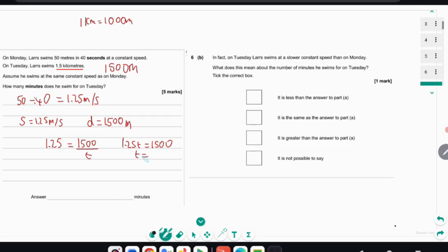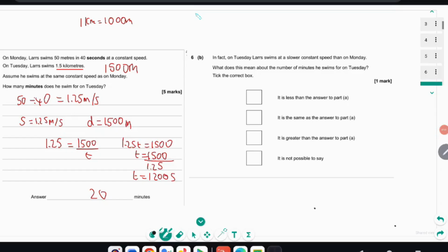Divide both sides by 1.25. Gives us t is 1,200 seconds. How many minutes is this? Divide it by 60, 20 minutes.